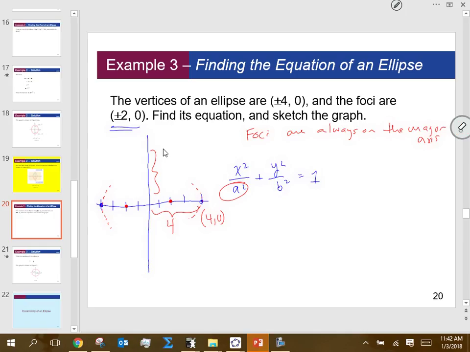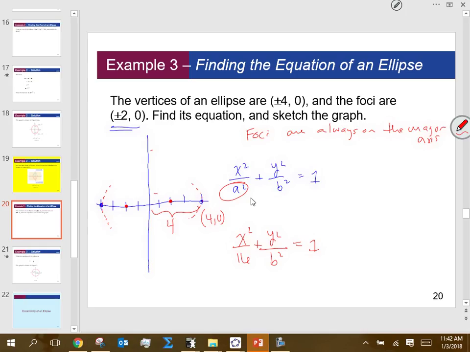But I know it's in the x direction, so it's got to be the denominator of my x. So that denominator becomes 16. So I've got x squared over 16 plus y squared over b squared. Still, I don't know what b is, and that's the issue at hand.